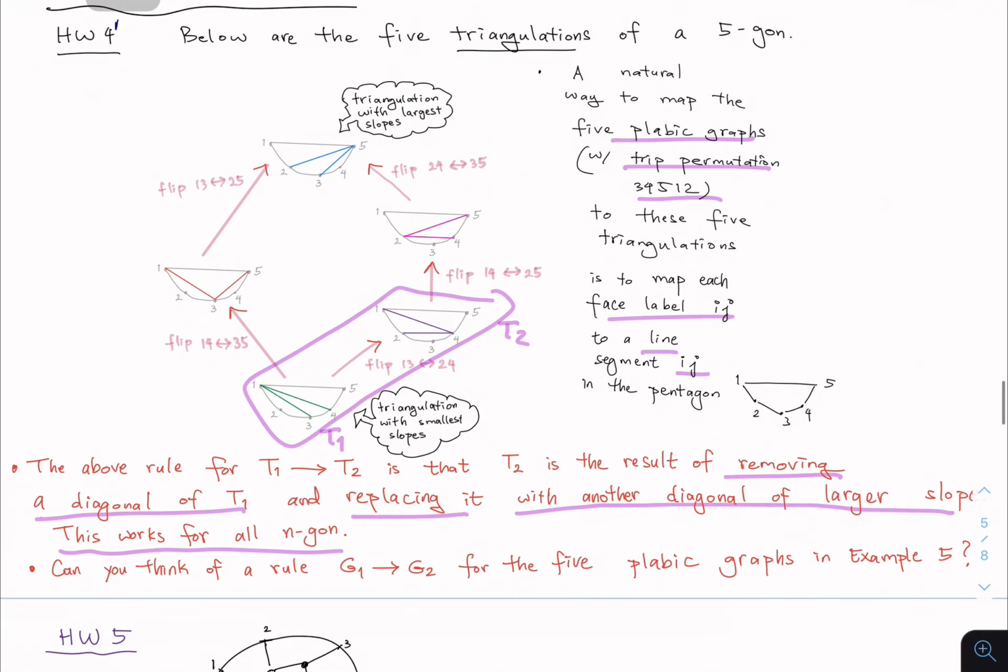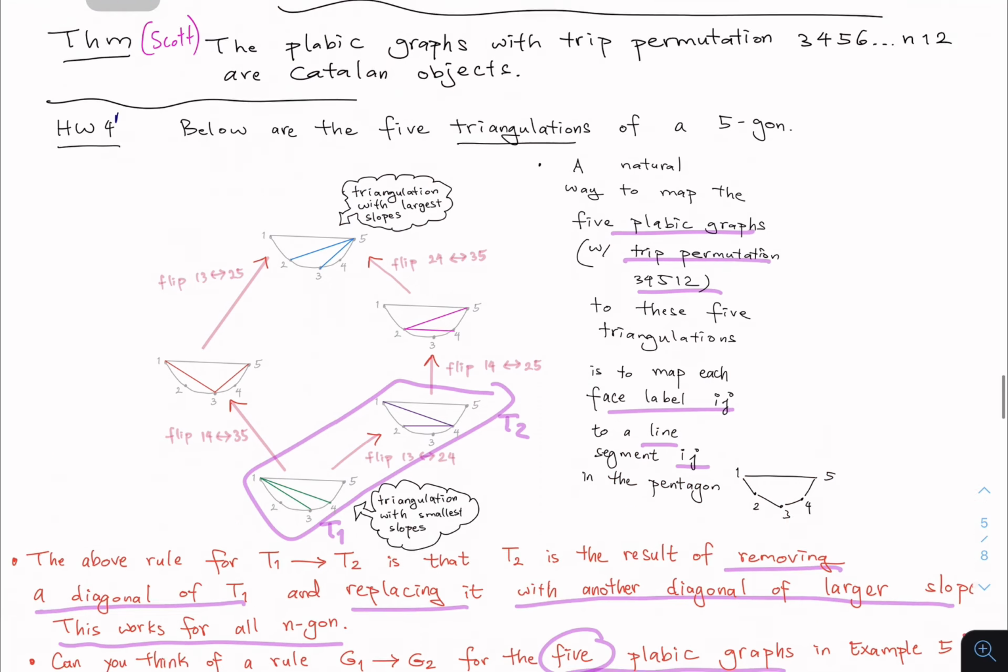So I want you to attempt to think of a rule that would work for these 5 Plabic graphs in example 5. There should be a rule that you can generalize for larger Plabic graphs, even though I haven't really told you how to find them, but start with these 5 in example 5.